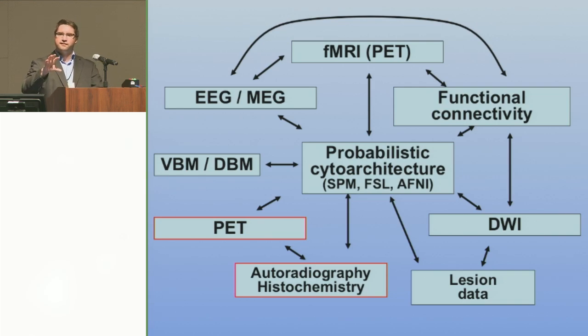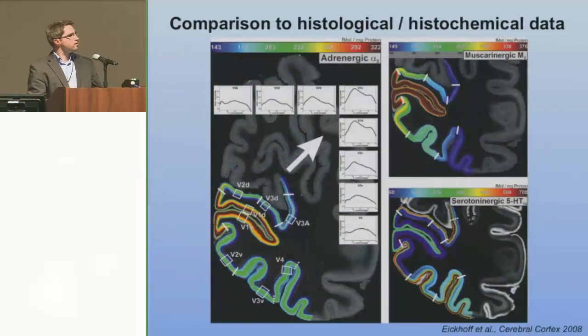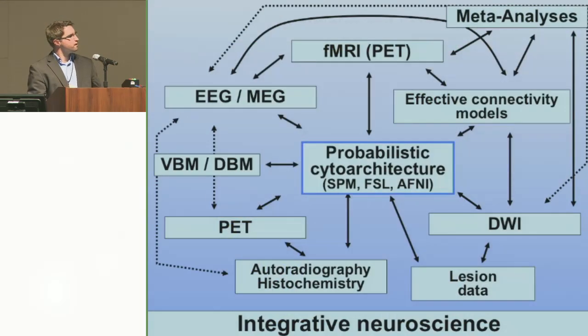Using the cytoarchitectonic definitions as our common language, we can investigate in vivo data, where we get the receptor density from receptor PET in a particular area, but we can also use that same area definition and look in post-mortem data, where we can identify that area based on histological cytoarchitectonic sections and do the comparison between in vivo and ex vivo mapping of, for example, receptor densities.